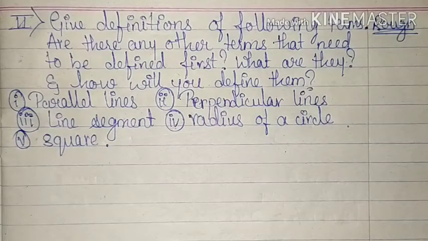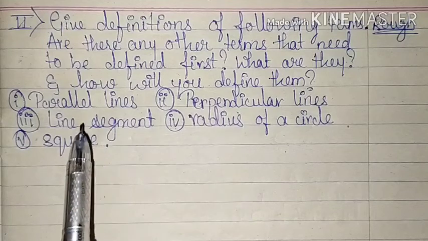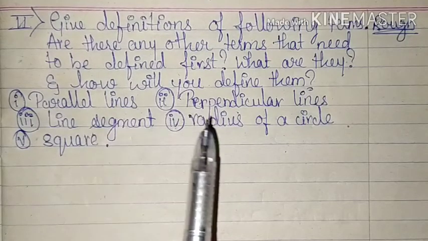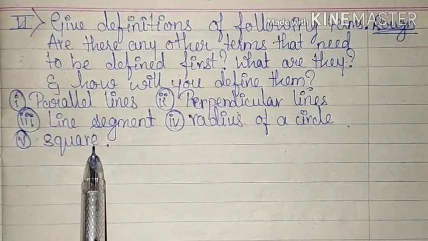In the second question, they have given you several geometrical objects and asked you for their definitions. They have asked you to write the definitions of first parallel lines, second perpendicular lines, third line segment, fourth radius of a circle, and fifth square.